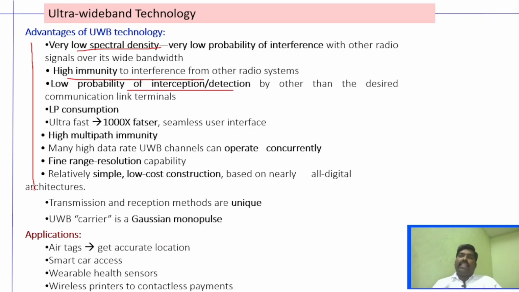It is not like other radio technology, where we can call the UWB pulse a Gaussian monopulse. I'll explain UWB transmission and reception, and we have already seen the applications of UWB in the previous video. Lots and lots of applications: Apple AirTag, smart car access, healthcare sensors, wireless printers, all those things we saw already, right?